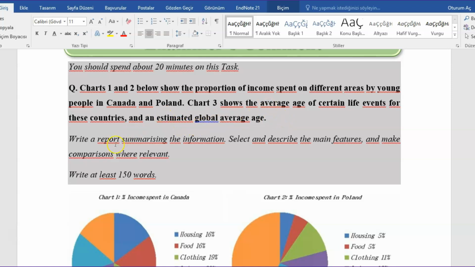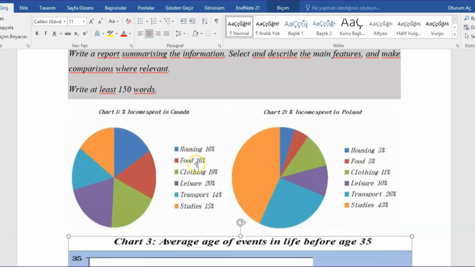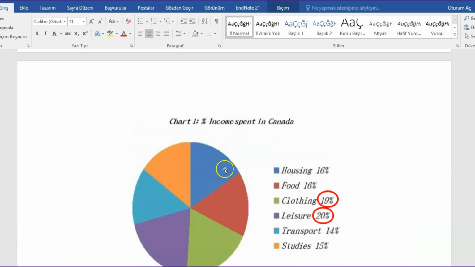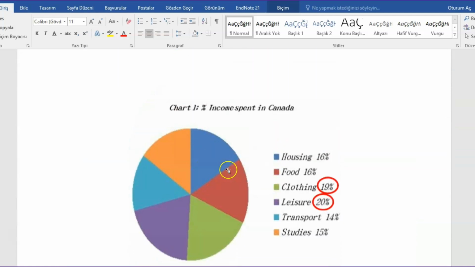Okay, you have to write a report summarizing the information, select and describe the main features, and make comparisons where relevant. Let's take a look at them.